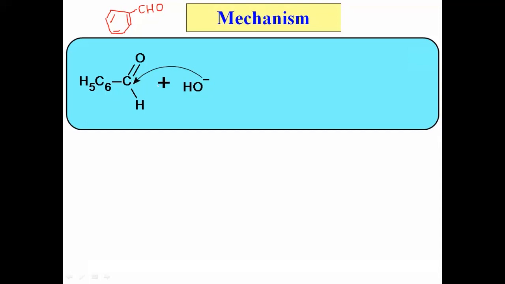Now if a new bond is formed, to maintain the valency of this carbonyl carbon, one of the pi bonds undergoes breaking and this electron pair goes towards oxygen, which acquires negative charge, and we get the intermediate anion. Okay, this is the C6H5 as it is, then carbon, then O minus. Now there is O minus and this is the new bond between OH and carbon. This is the first step.